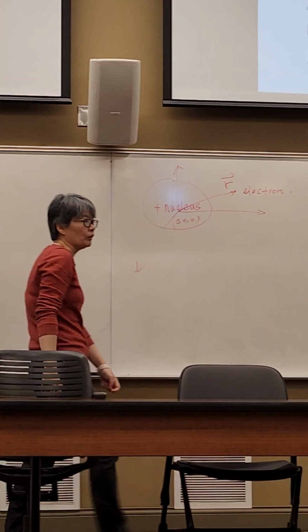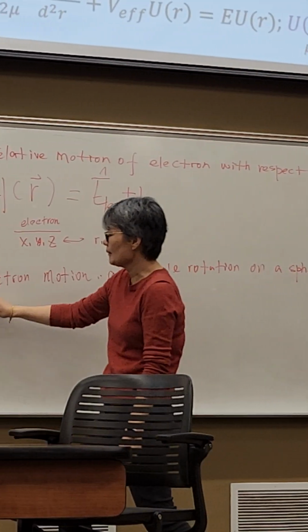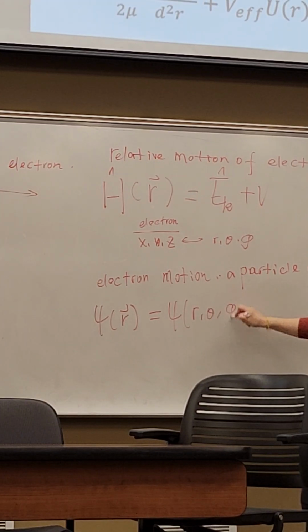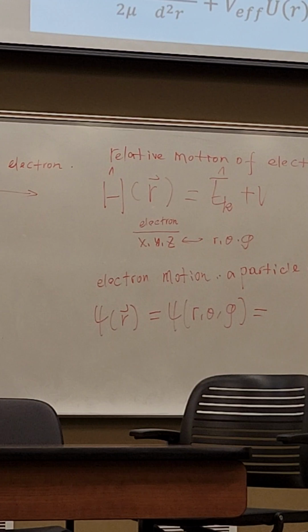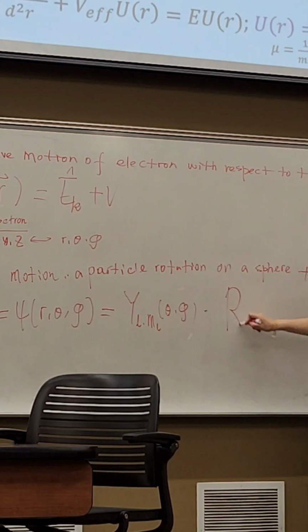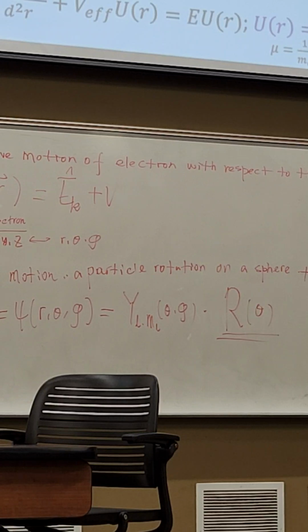If that is successful, then the wave function for that electron, using r, theta, phi for the position, can be separated into a product of the solution for the particle rotation on the sphere and an additional function to reflect the true nature of the electron in the hydrogen atom, which has the variation of the radius. And that's what we're going to attack.